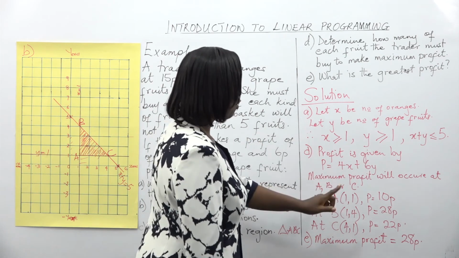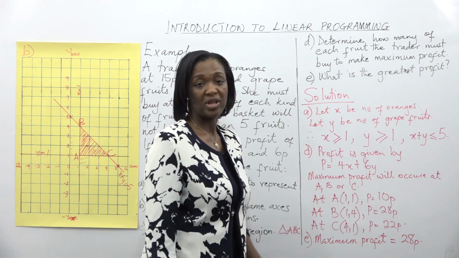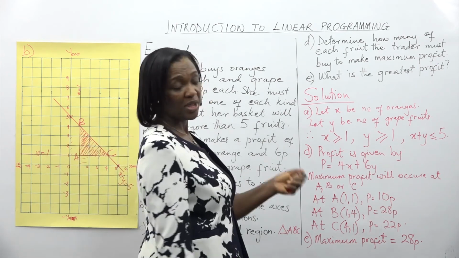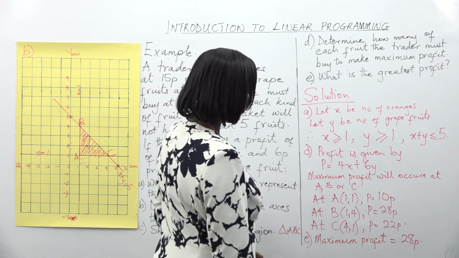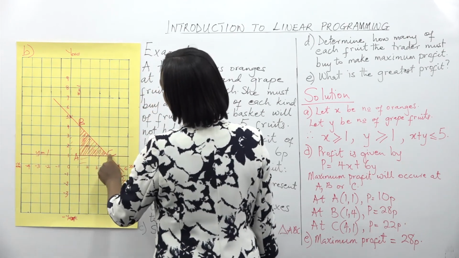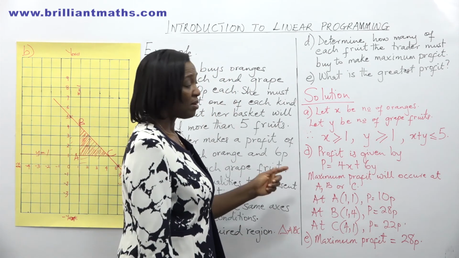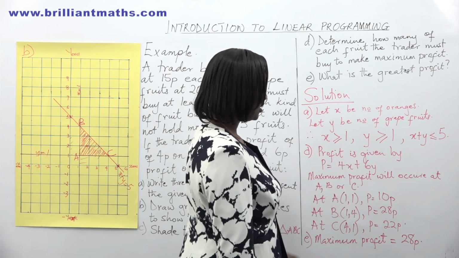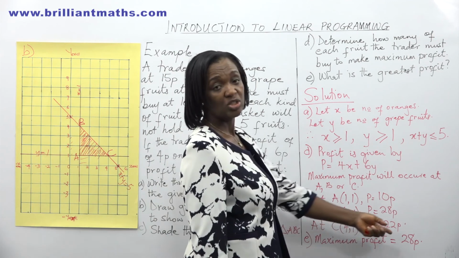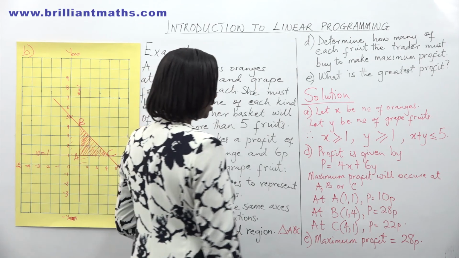Plus y is 4. 6 times 4 is 24. 24 plus 4 will be 28p. So at B, the profit will be 28p. At C, C is 4, 1. X is 4 and y is 1. 4 times 4 is 16, plus 6 times 1 is 6. 16 plus 6 is 22. So the profit at C is 22p.